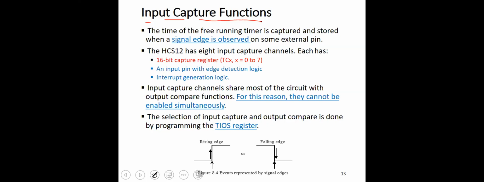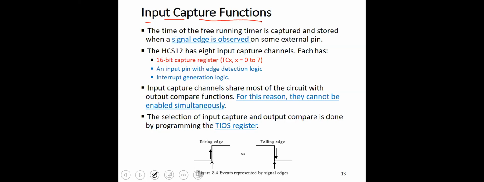And in order to do that, we need the following. We need a time base. In our case, it is the 16-bit timer that we have just discussed. We need some hardware to monitor this event and to detect whether this event has occurred or not.